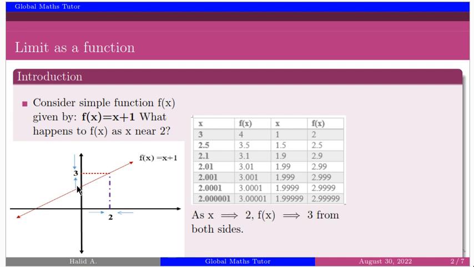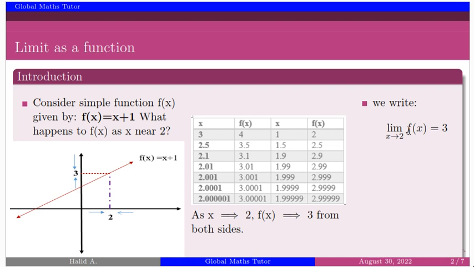So we say that the limit of f of x, the limit of x plus 1 as x approaches 2, is 3. This is how we find the limit, but this is not the formal definition of limit. We're going to see the formal definition, which is called the epsilon delta definition, in the next class.